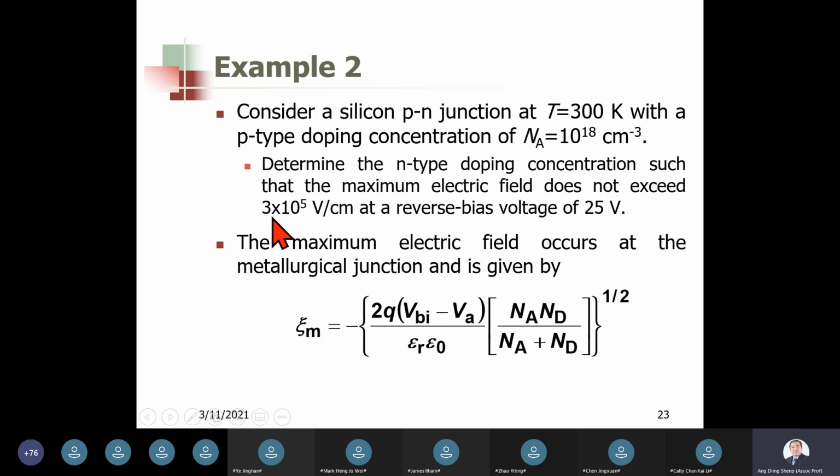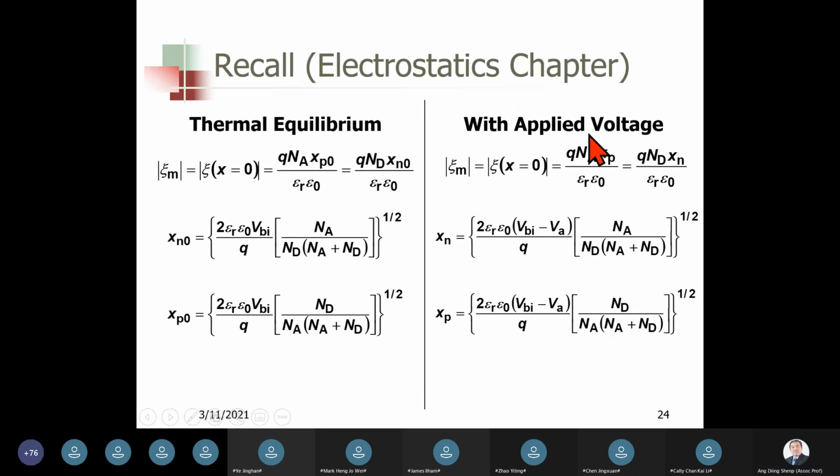to this value. Now, recall that the maximum junction electric field occurs at the metallurgical junction, and is given by this expression. Where does this come from? You can derive this by noting that the maximum electric field is either expressed as qNAxp over the permittivity or qNDxn over the permittivity.